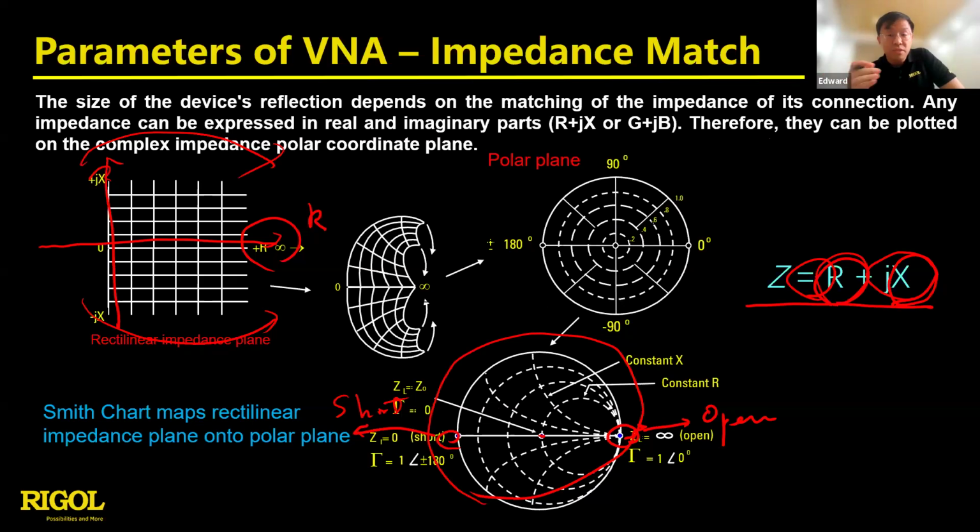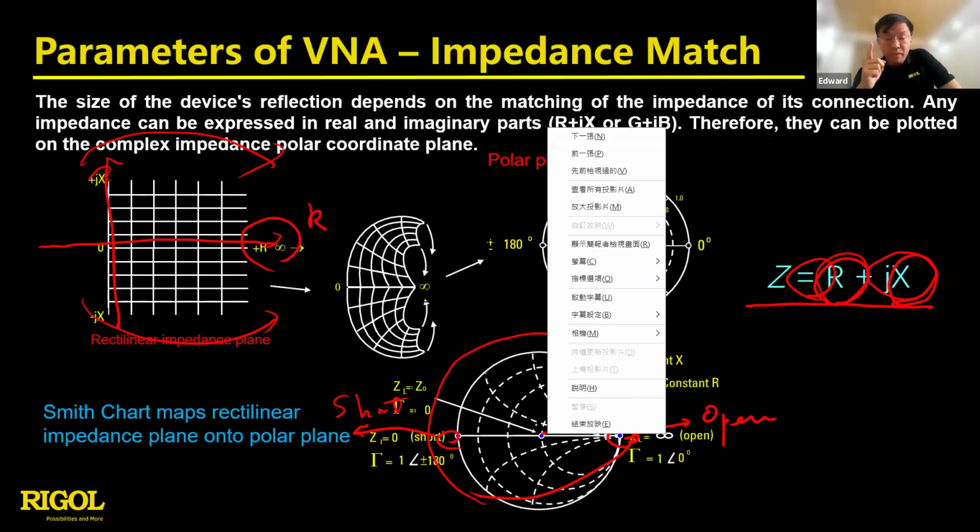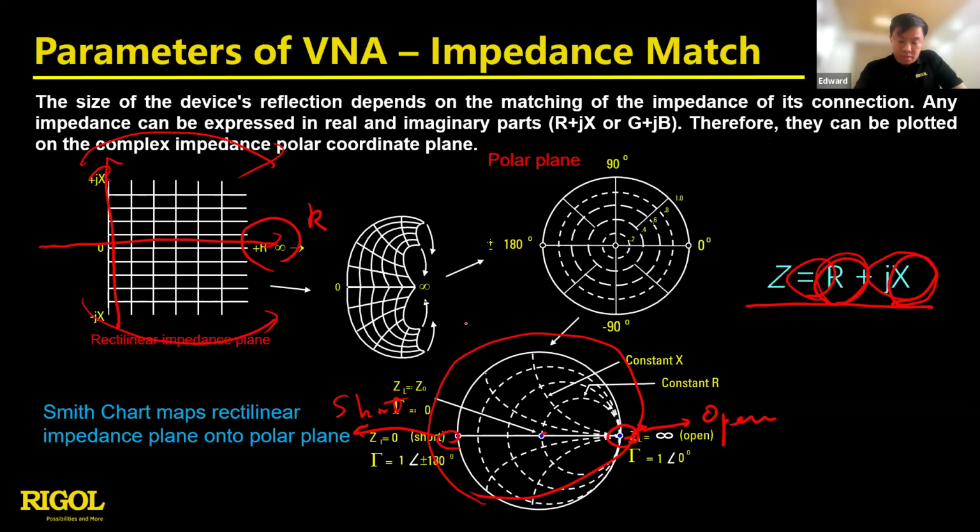Some systems have 50 ohms or 75 ohms or 100 ohms, right? So if we normalize to 1, the central point is the matching point, the normalized point, okay? So you just need to remember these 3 points.